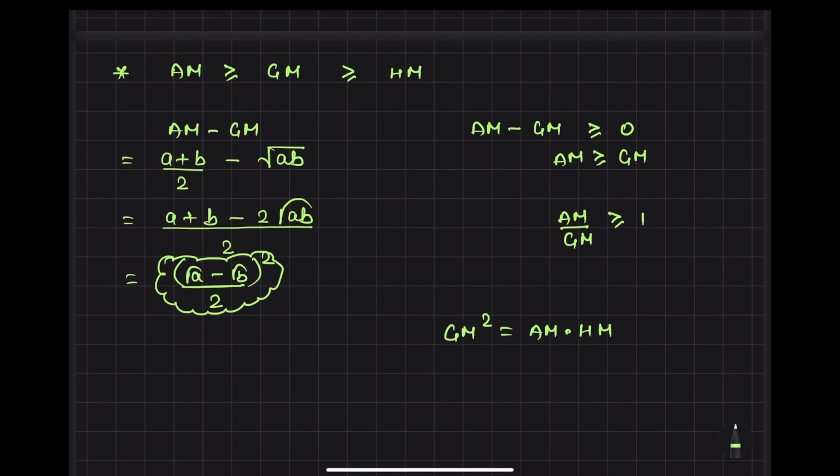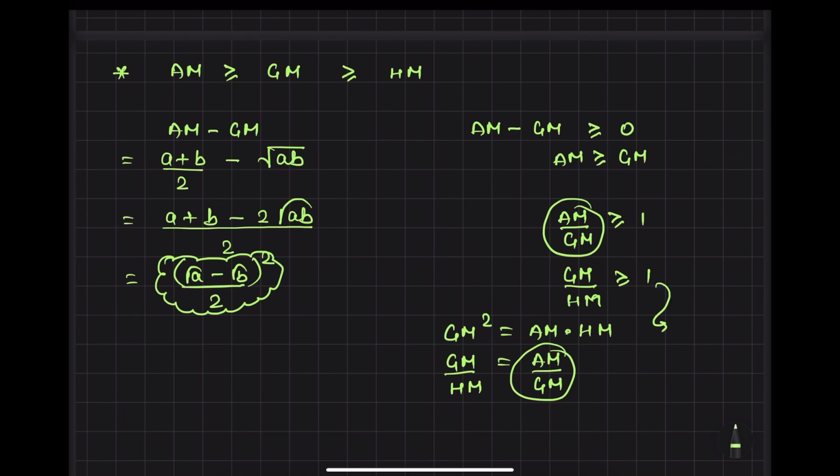You have AM by GM, so in place of AM by GM, can I write GM by HM? So GM by HM is greater than or equal to 1. So from here we will extract GM greater than or equal to HM.